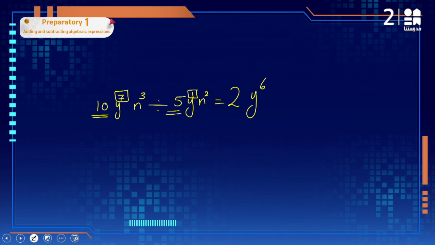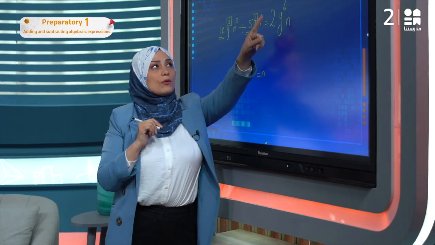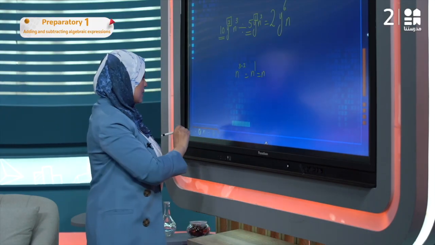Now what about n? n to the power of 3 divided by n to the power of 2. So it's n to the power of 3 minus 2, which is n to the power of 1. No need to write the power of 1, so it's equal to n. So the final answer, or the quotient, is 2y to the power of 6 times n.